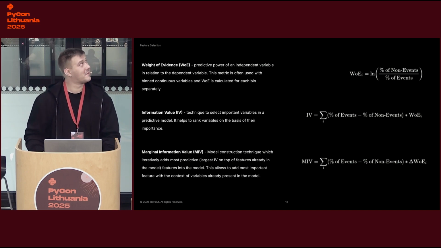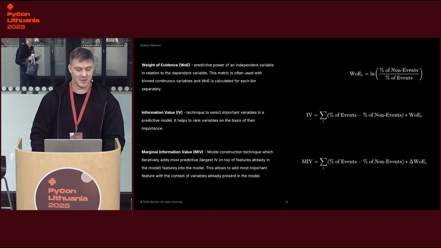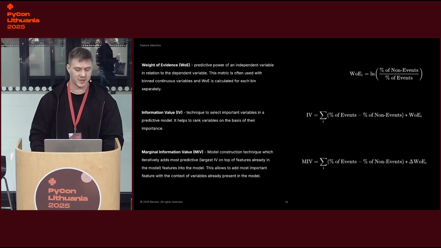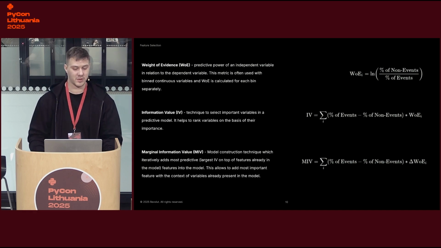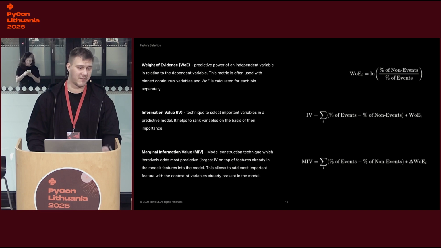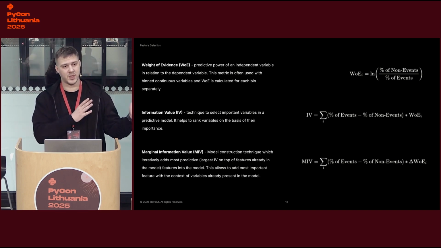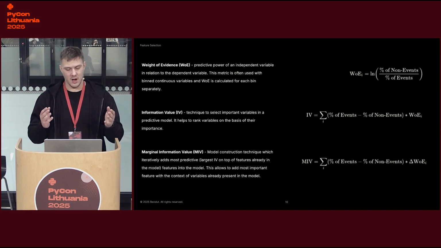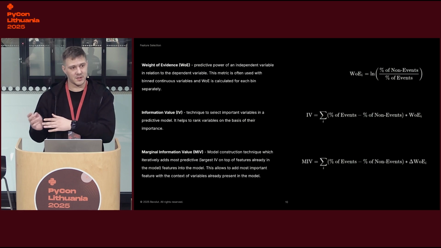So first of all, we need to come up with weight of evidence. It's essentially a predictive power of an independent variable in relation to a dependent one. The problem with weight of evidence is that it only works with binned continuous variables. So if we have, for example, a sum of transactions, we need to aggregate those into separate bins.